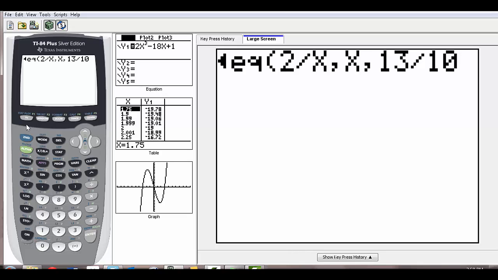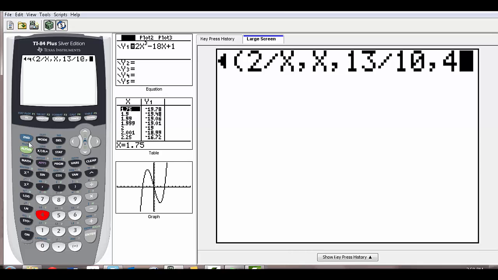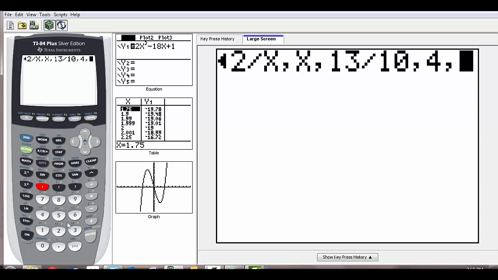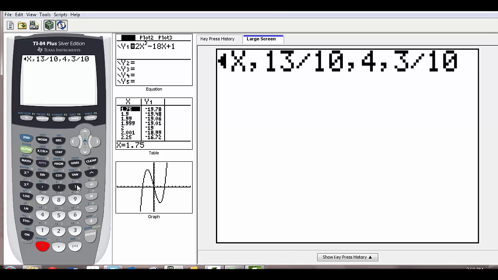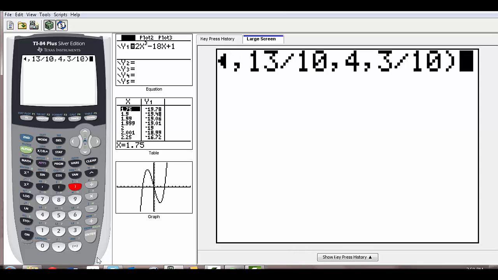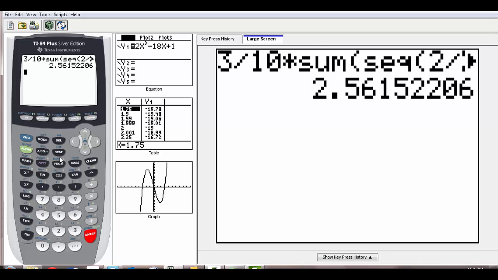You need to tell it the end number, which was 4. Then you need to tell it the increment you want it to go up by. It's going to assume you go up by an integer unless you type in a number here. Remember, our interval was 3/10. So 3 divided by 10. Press enter. And 2.562, that's what we came up with.